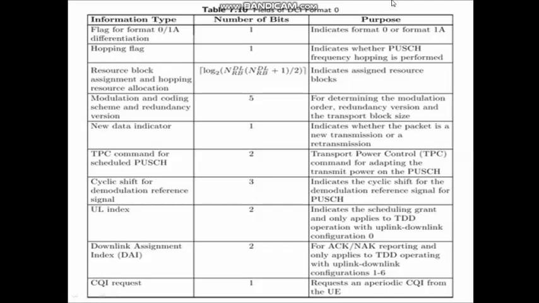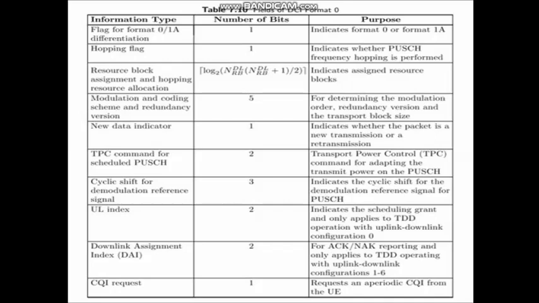The DCI provides information for different physical layer procedures. The different fields of DCI format 0 and format 1 are explained in this slide and in the next slide. Here information type, number of bits used for those information types, and purpose are shown. Please go through it. This DCI format 0 is used for scheduling of PUSCH, physical uplink shared channel.